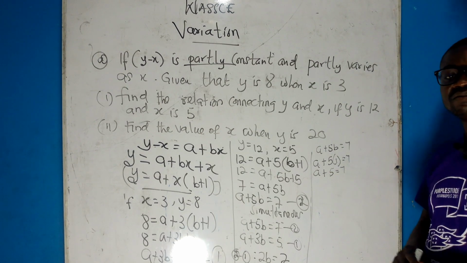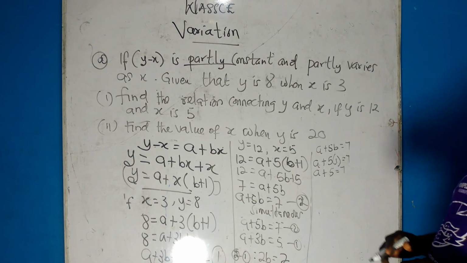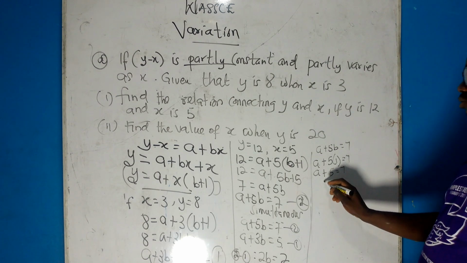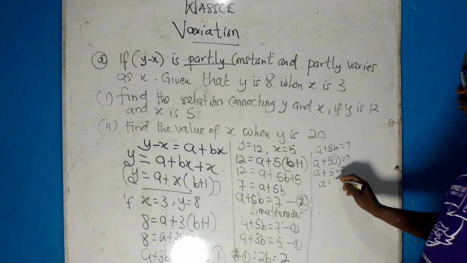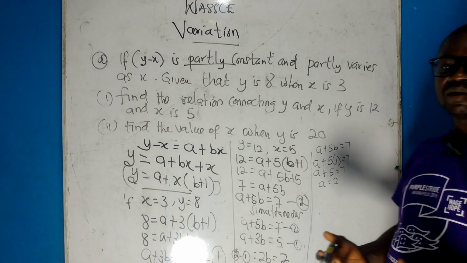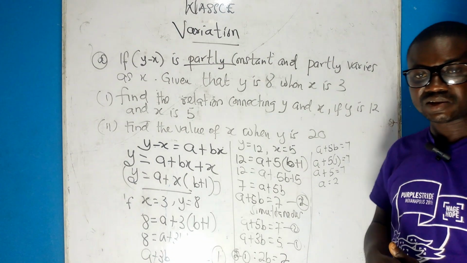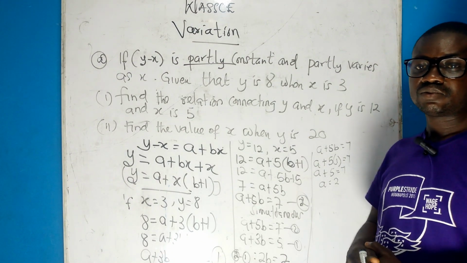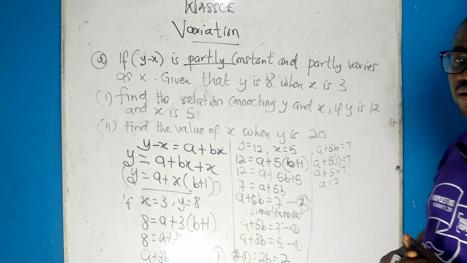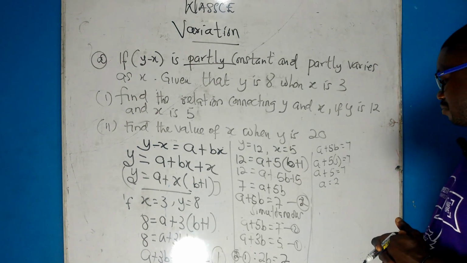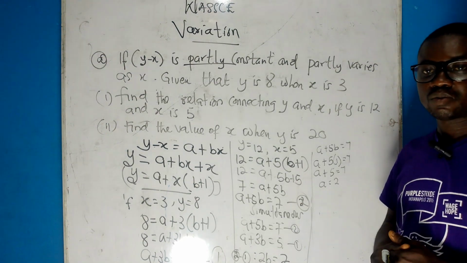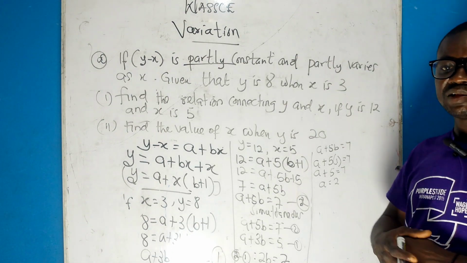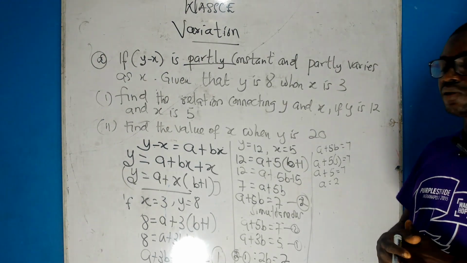Subtracting 5 from 7, you are getting our value to be 2. So from here, we've come to a realization that our value for a is 2 and our value for b is 1.